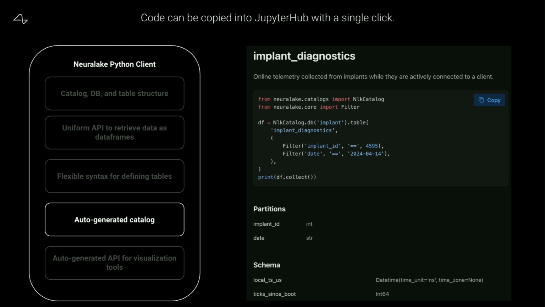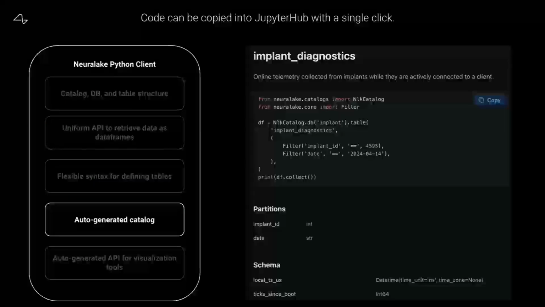And in the catalog, we have the view of a single table. And you can see here that we auto-generate the code for the Python client as well. So an internal user can literally go to the catalog, browse a few tables looking for the data they want. Once they find the table, they can just hit that copy button. They can go to Jupyter Hub, which we host internally, and they can just paste that code into a Jupyter notebook.